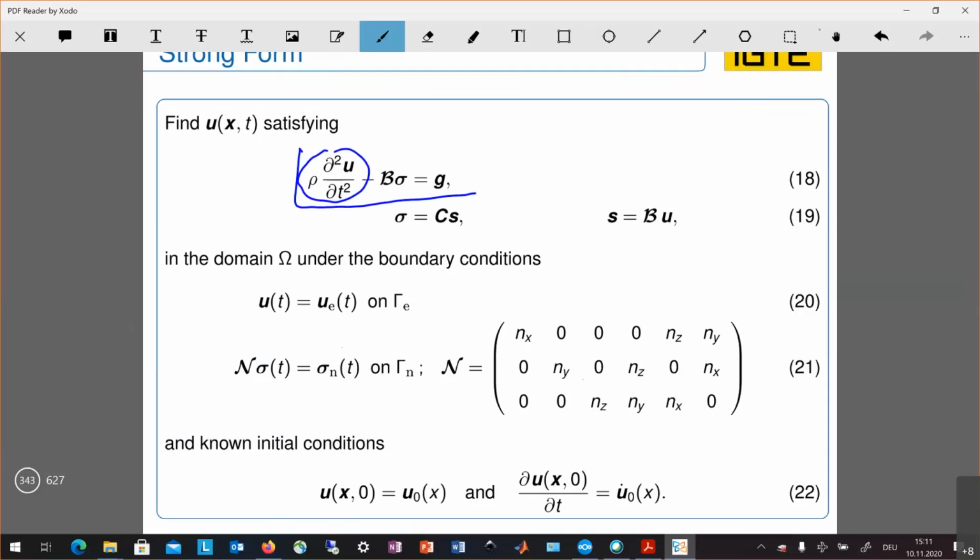And we have here our special P operator operating on the mechanical stresses, and we know that this has to be equal to some external forces, and this G here models any external volume forces. Any surface forces we will get in by the boundary condition.